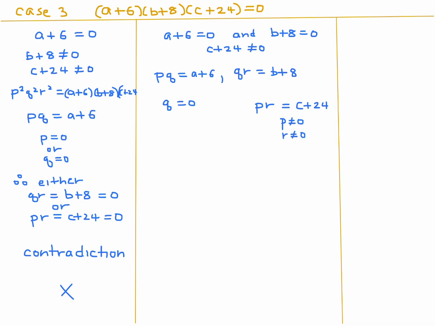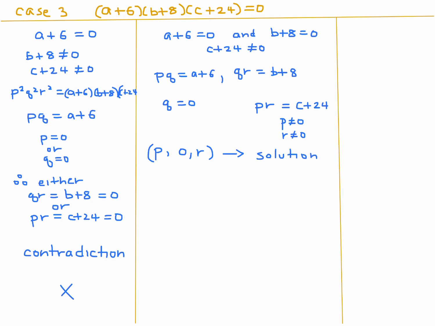Okay, so that means when we have any triple of the form P, Q, which is 0, and R, this will give me a solution. Right? I hope that makes sense.